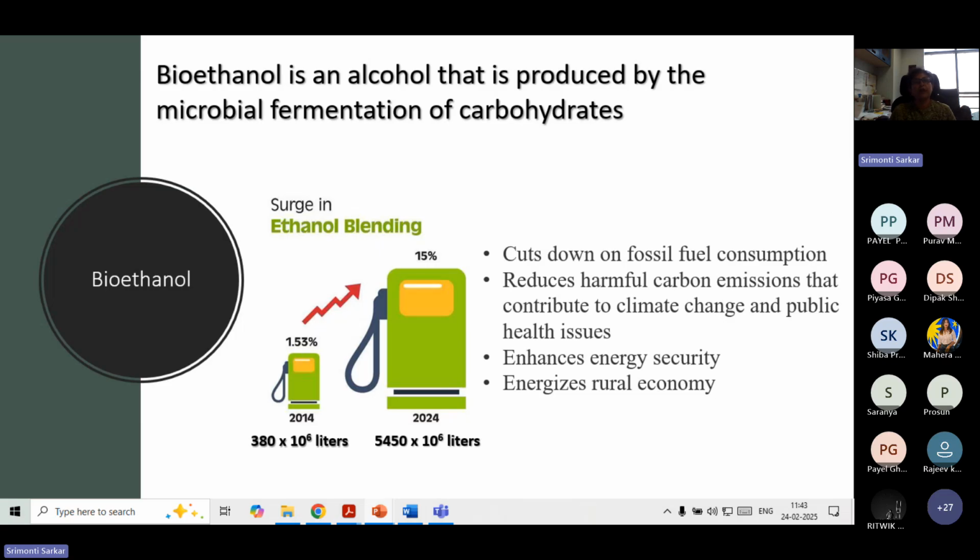Of this, I would like to concentrate on bioethanol. And again, bioethanol is an alcohol. So all of you know the formula is CH3CH2OH. So there are two carbon atoms, and then it has a lot of hydrogen, only one oxygen, and that's also present as an alcohol group.